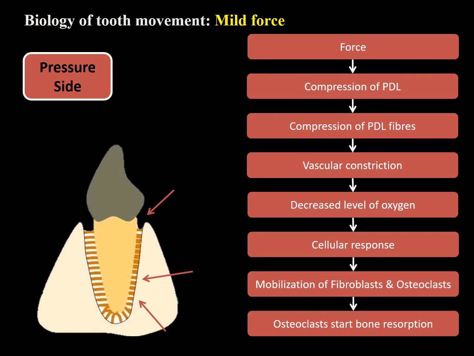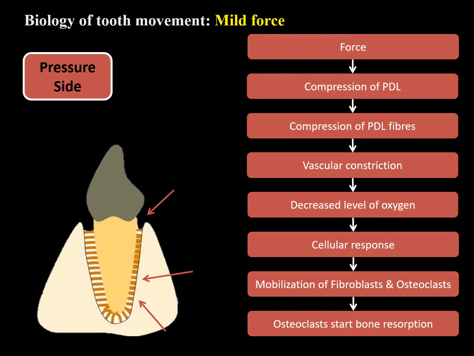So what are the changes occurring on the pressure side? The pressure side is on the side of intended tooth movement. Once the force is applied, there is compression of the periodontal ligament, that is, compression of the fibers of the periodontal ligament. There will be vascular constriction and decreased levels of oxygen.